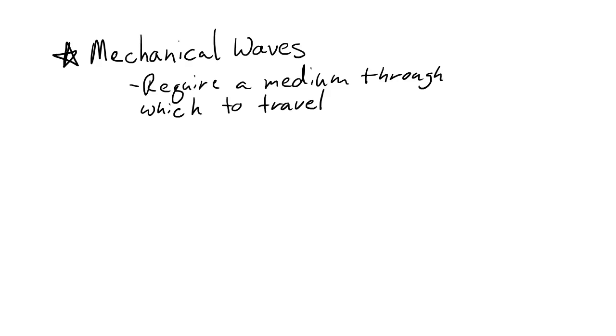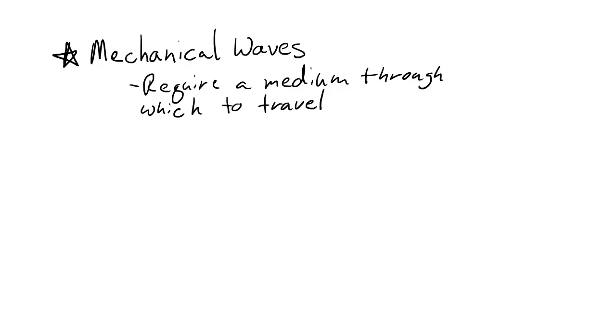Okay? There are two fundamental types of waves, and we can classify them by the type of media which they can move through. The first type of wave is called a mechanical wave. These are waves that require a medium to travel from one place to another.